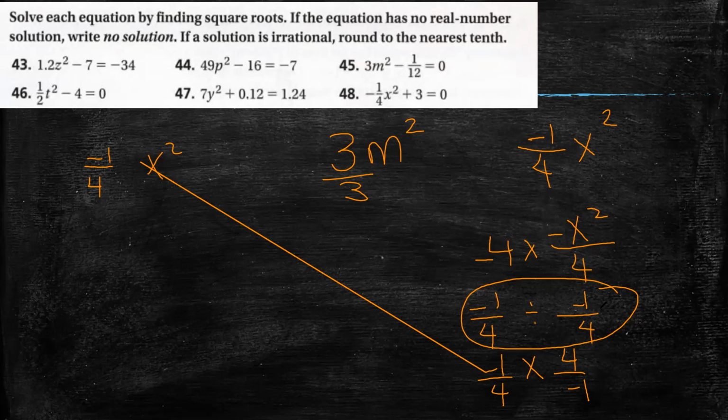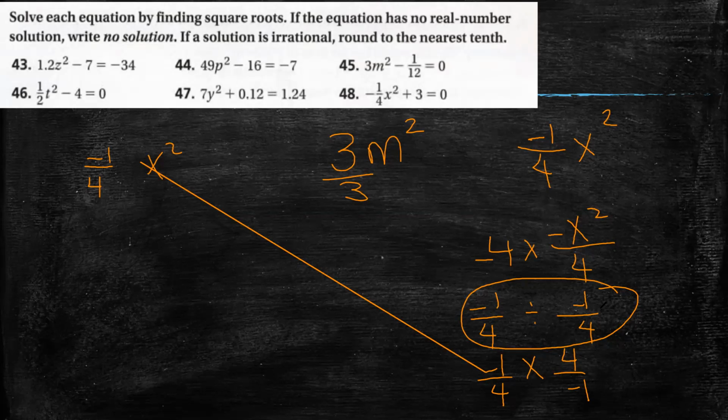So when it's a fraction, we change it into multiplication. That means if you have a fraction, you can divide by the same fraction, then solve it as you know. The shortest way, every time you have a fraction and you want the coefficient of x squared to be 1, is to multiply by the reciprocal.